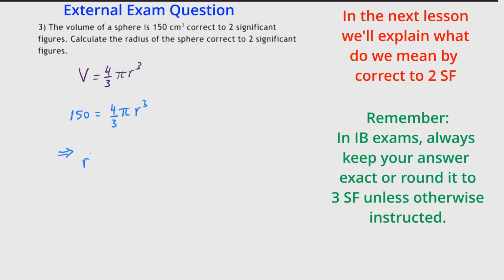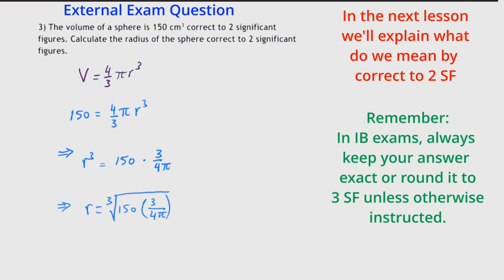This means that r cubed is equal to 150 times 3 over 4 pi, so we multiply by the reciprocal. This will give us that r is equal to the cubic root of 150 multiplied by 3 over 4 pi.